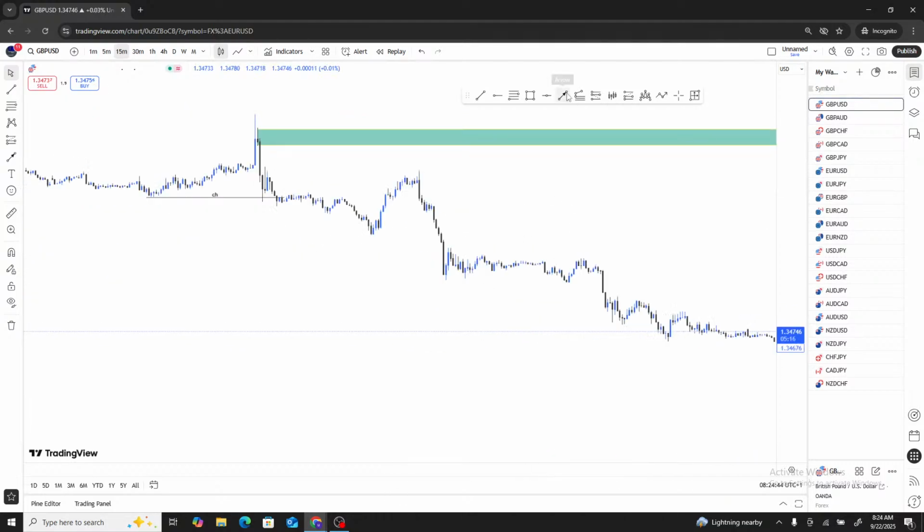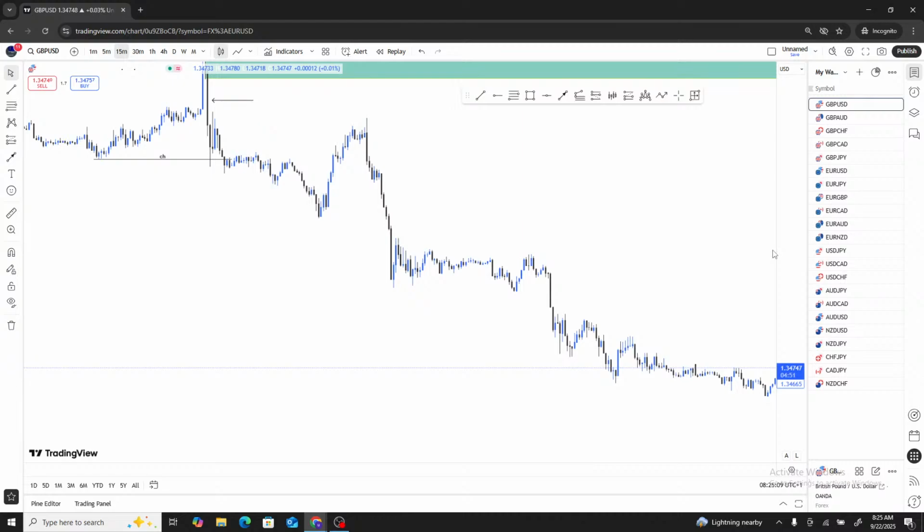As you can see, we have an imbalance in here. Look at this rapid move of this long candle. You can see that is an imbalance. So concept number 2 is we must have an imbalance.